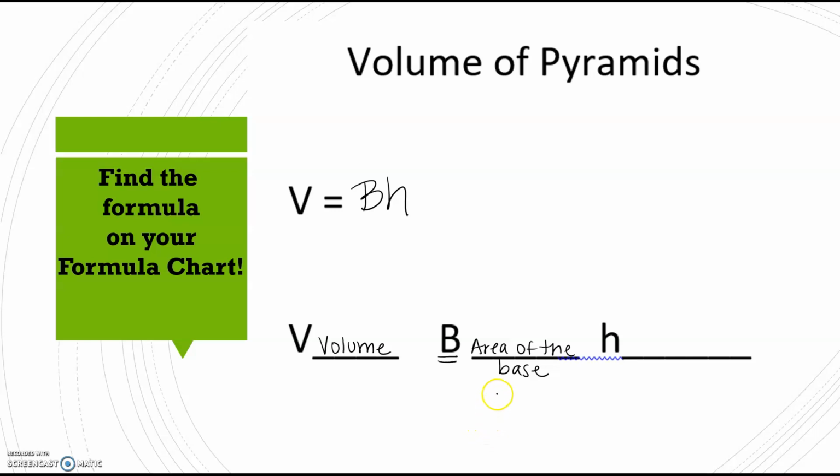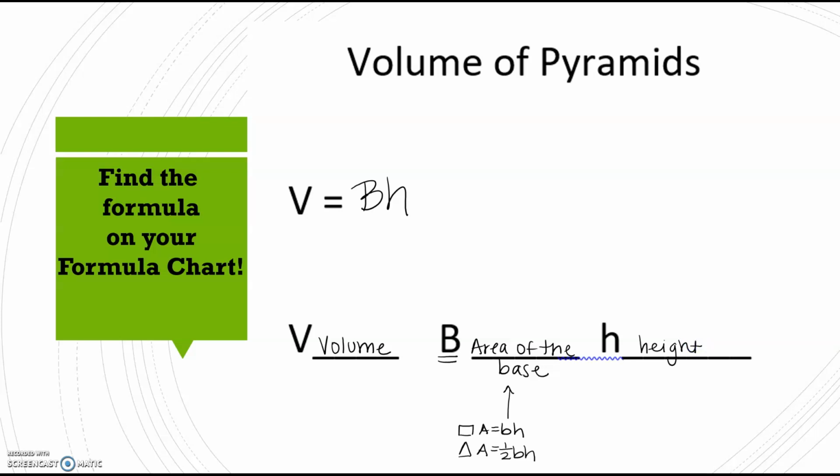So that means if it's a rectangle, we're going to use area equals base times height for area of the base. And if it's a triangle, we're going to use area equals 1/2 base times height. Okay. Now this height here is different from this height over here. This height over here is the height of the pyramid or prism.